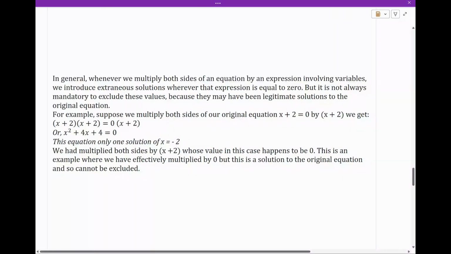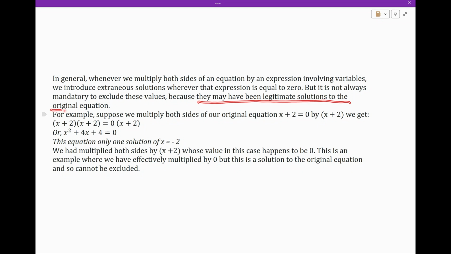In general, whenever we multiply both sides of an equation by an expression involving variables, we introduce extraneous solutions whenever that expression is equal to 0. But it is not always mandatory to exclude these values because they may have been legitimate solutions to the original equation.